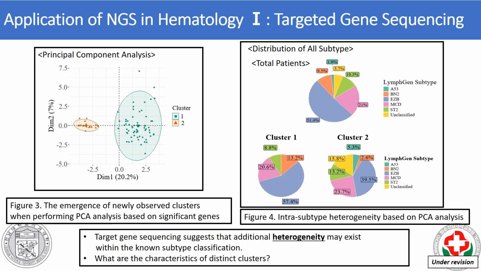We used these important genes to perform principal component analysis and clustering, and we could find specific clusters. Even within the same conventional subtype, there was substantial heterogeneity.